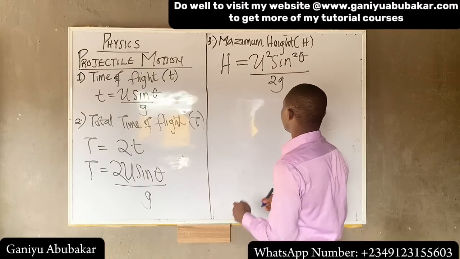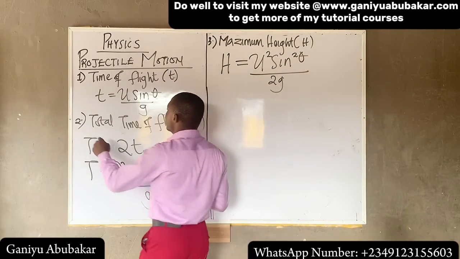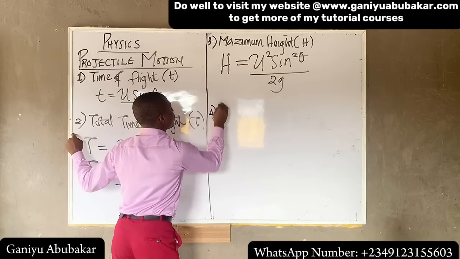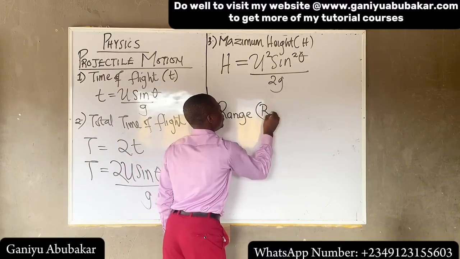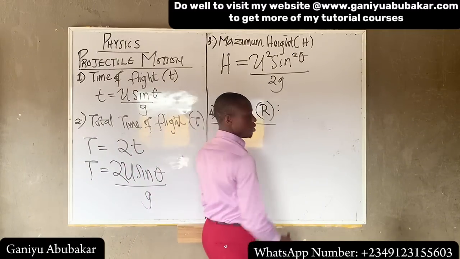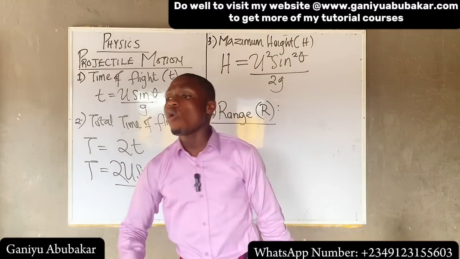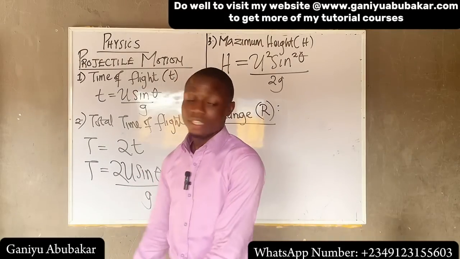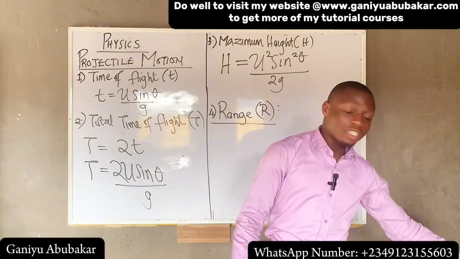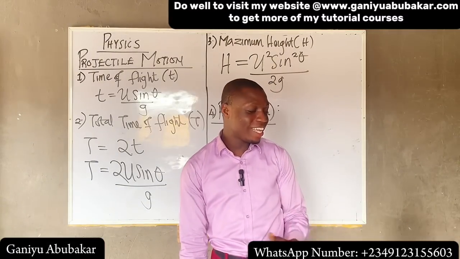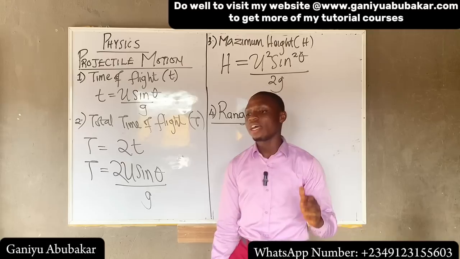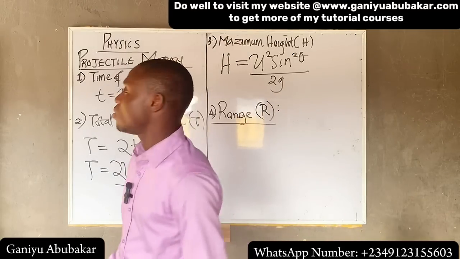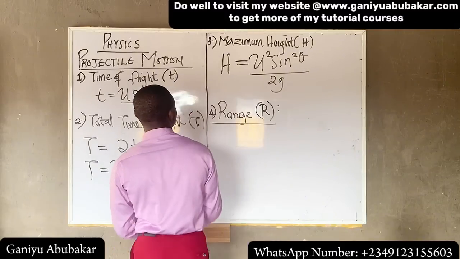The fourth one is called range, capital R. This is the maximum horizontal distance covered by a projectile during projectile motion.